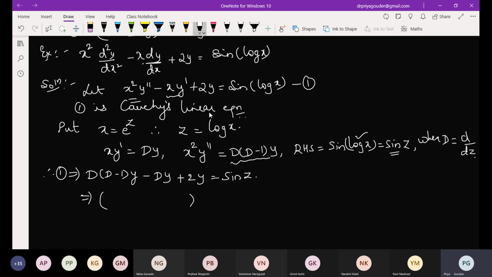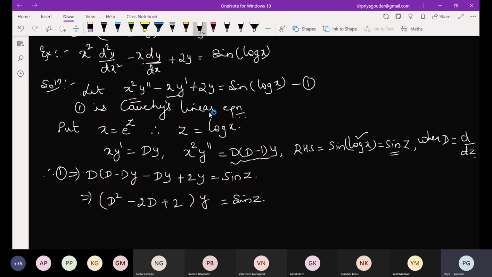Simplified, the common factor is y. D into D is D square, D into minus 1 is minus D, and minus D minus D is minus 2D. I'll write directly: D square minus 2D plus 2 operating on y is equal to sine z.